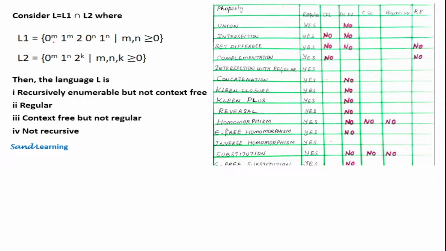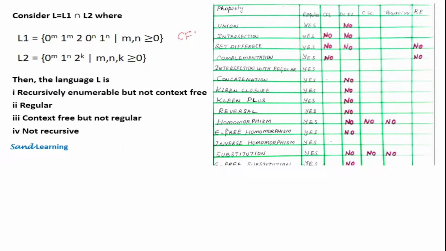If we consider L1, it accepts m zeros and then m ones, and next it recognizes the 2, and then after that any number of zeros and any number of ones. So it needs one memory element, so it is actually a context free language.